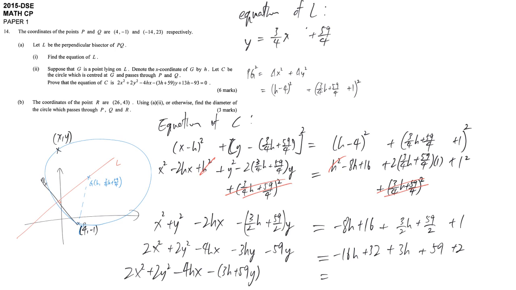And then this one combined, we get positive 13h, and then minus 930.